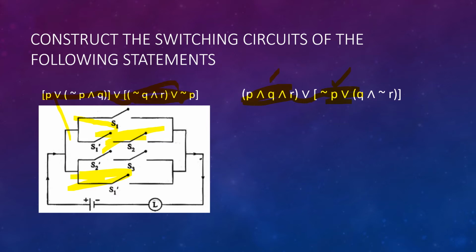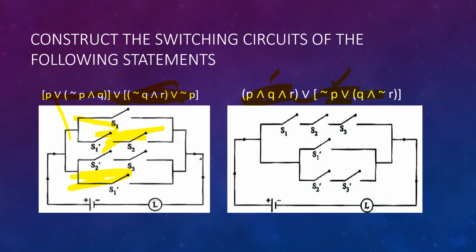Then if I talk about the first bracket, all the three switches are in series. Here again this P and this bracket are in parallel. So parallel in series, then second part parallel. Now see, P and Q and R, this bracket is parallel with this parallel bracket.